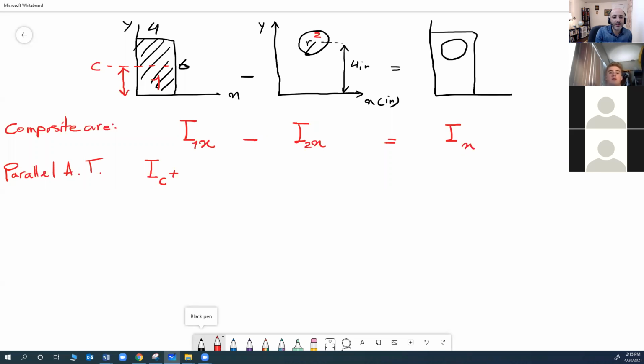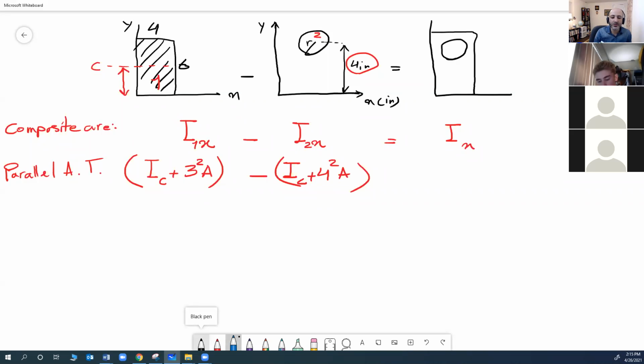The difference between axis and centroid, which is going to be 3, multiplied by area, minus the second I, which is I about centroid plus the amount of shift, which is 4 inches, times area. Okay.